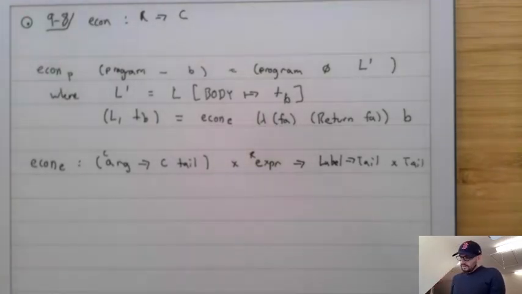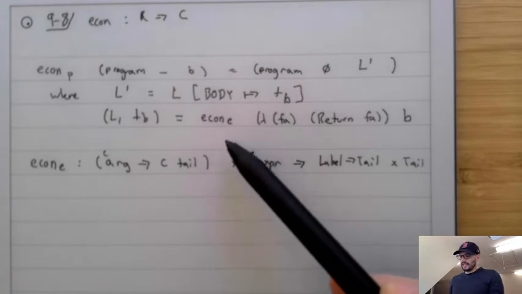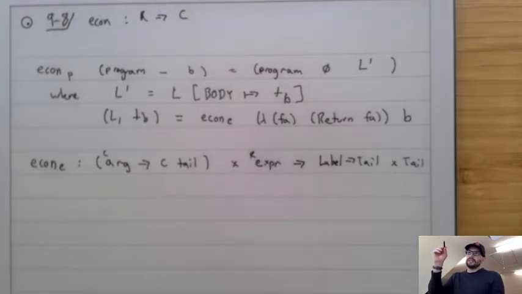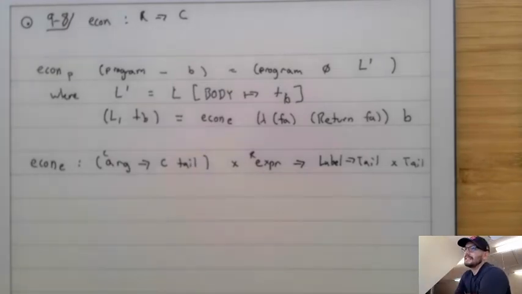So now all this econ E thing needs to do is go through the RCOEs. That means it could get a final argument.